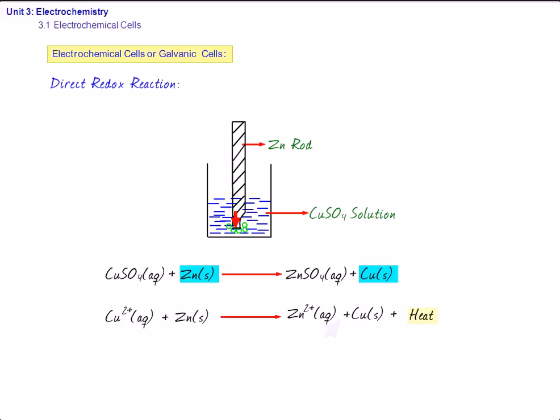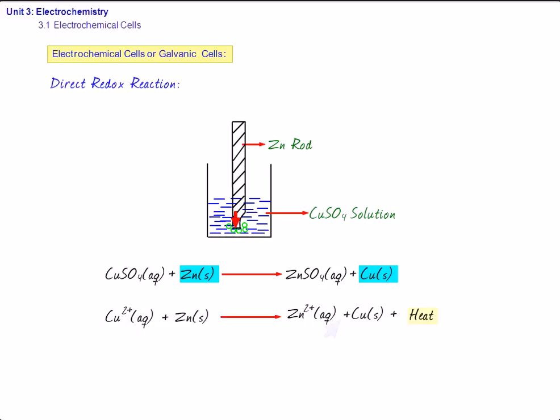Now if the same redox reaction is allowed to take place in two different containers, or indirectly, then this chemical energy, which is right now converted into heat, will be converted into electrical energy, and that becomes the source of an electrochemical cell. So what is an electrochemical cell?